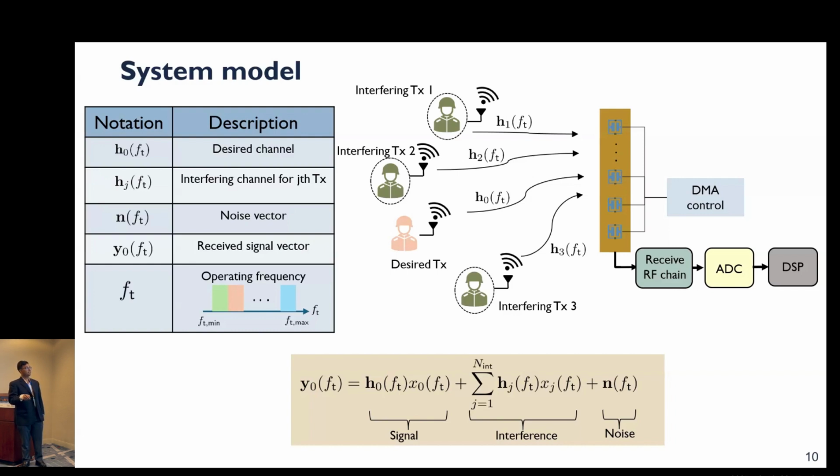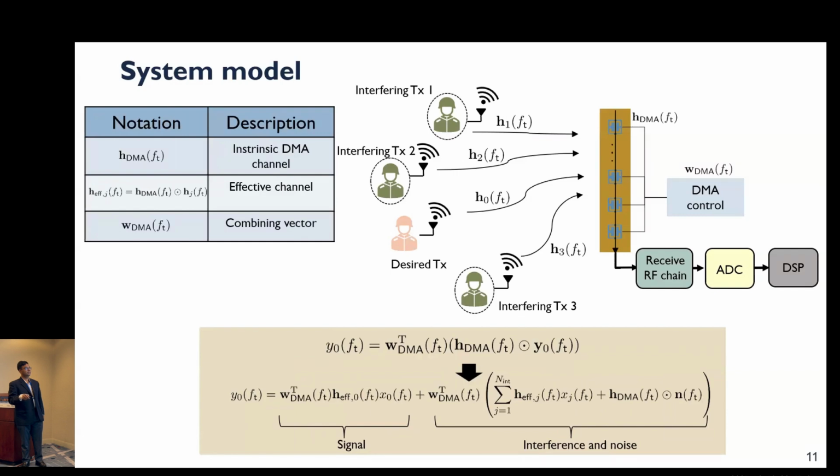So effectively, we get this effective signal, which is the element-wise product of the wireless received signal and the intrinsic DMA channel. And the DMA applies a combining vector, W_DMA, to get a scalar received signal. So you can write different components of the received signal in terms of the combining vector, which applies on the signal component as well as the interfering and noise component.